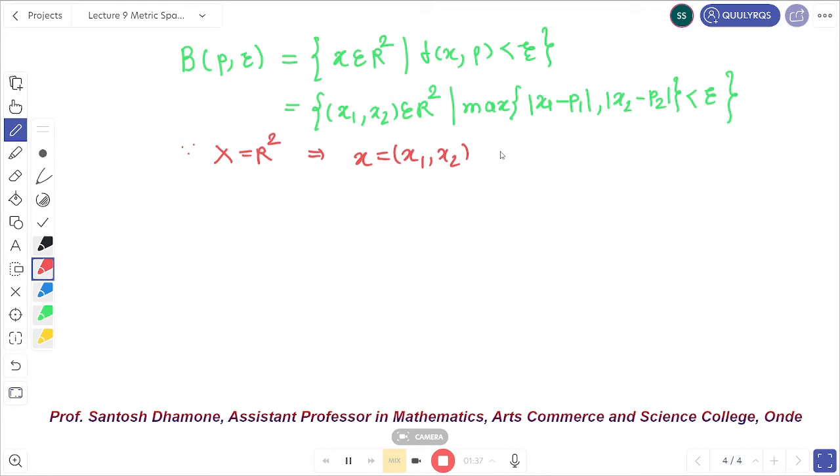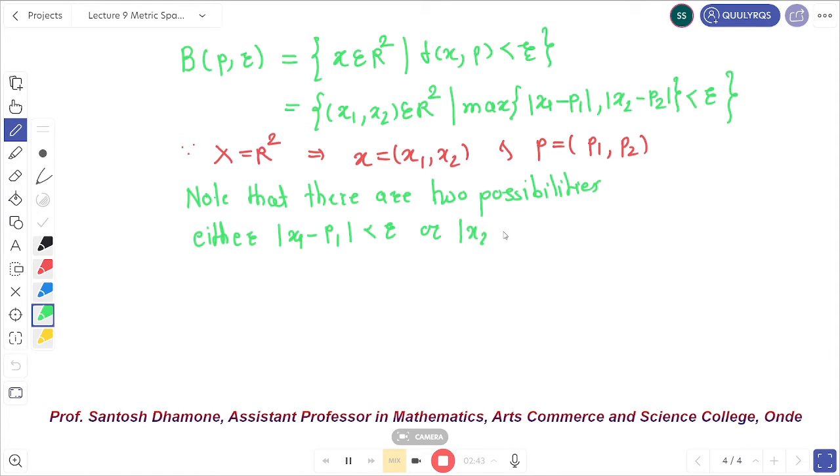Either modulus of x1 minus p1 is maximum, therefore mod x1 minus p1 is less than r, or mod of x2 minus p2 is maximum, then mod x2 minus p2 is less than r.